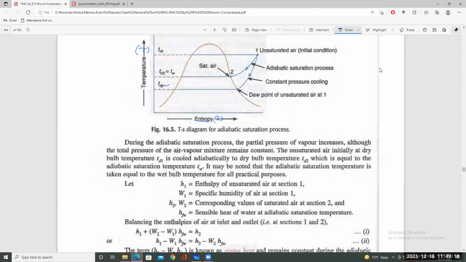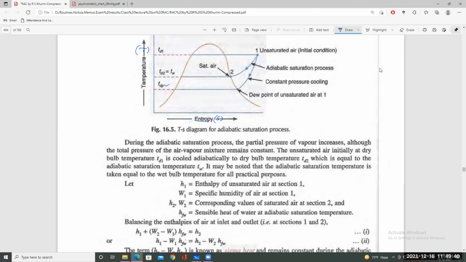So, although the total pressure of the air-vapor mixture remains constant, the unsaturated air initially at dry bulb temperature TD1 is cooled adiabatically to dry bulb temperature TD2.